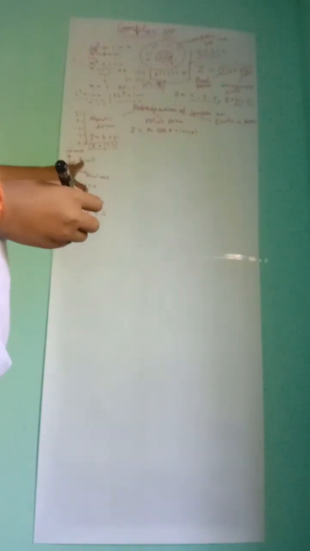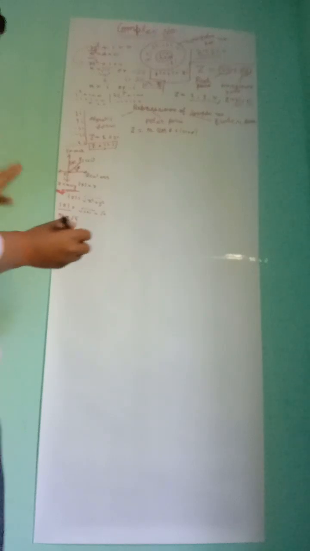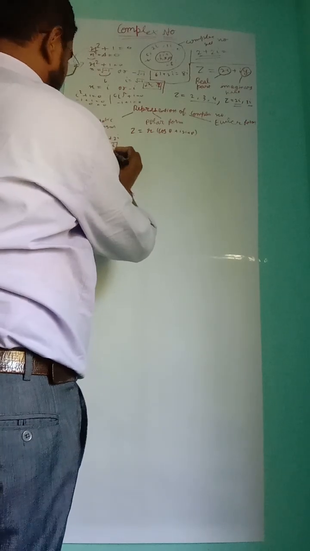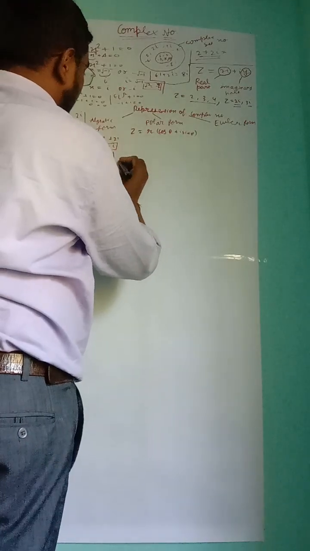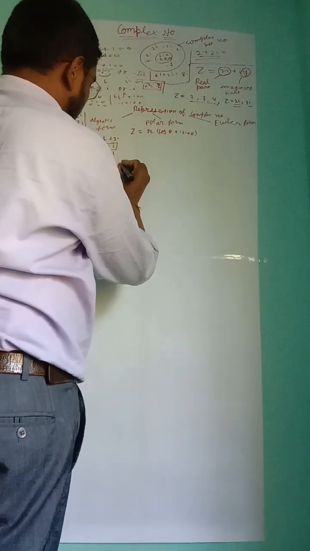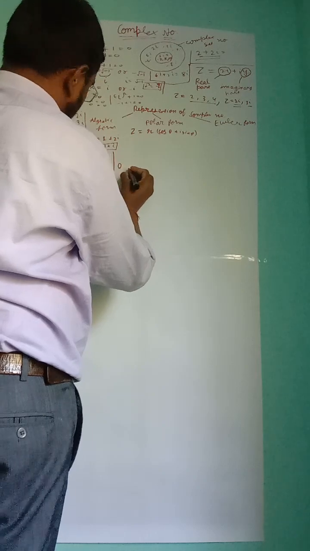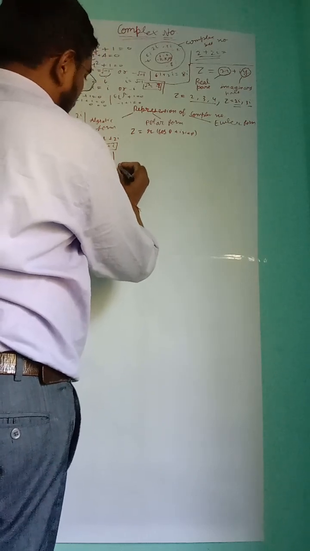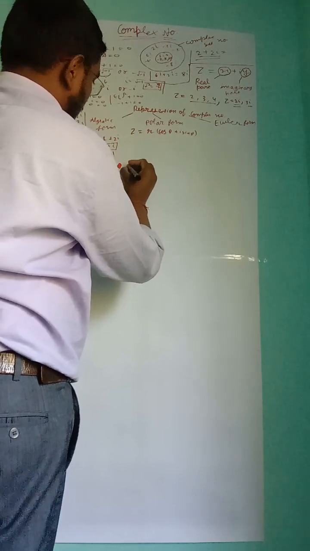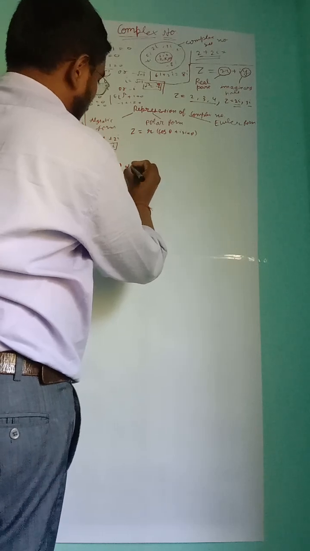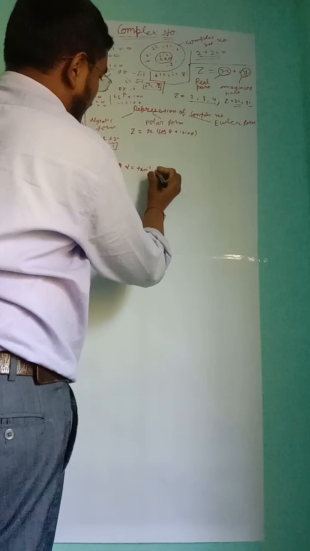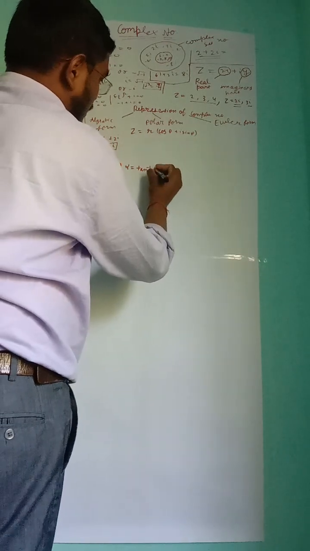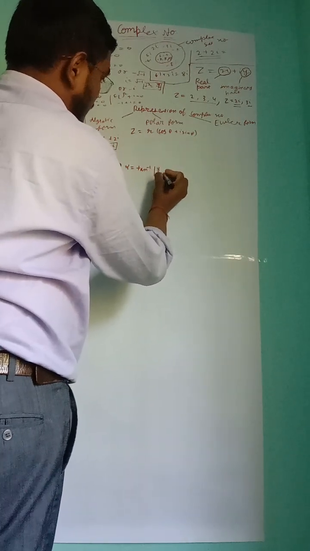So how can we find theta? Let's understand. Alpha is equal to tan inverse of mod y upon x.